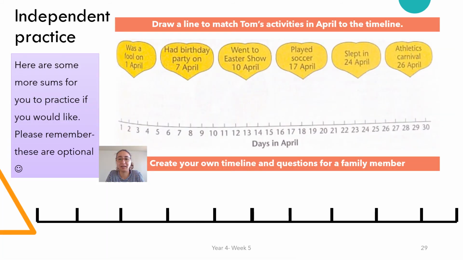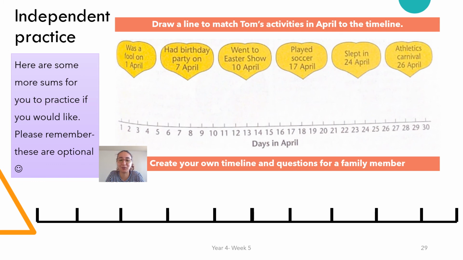Here we've got your independent practice again, but this slide is optional. You've got draw a line to match Tom's activities in April to the timeline. So here we've got the hearts. You'll read the hearts and use a ruler or one of the lines on our doc. And again, create your own timeline and questions for a family member.